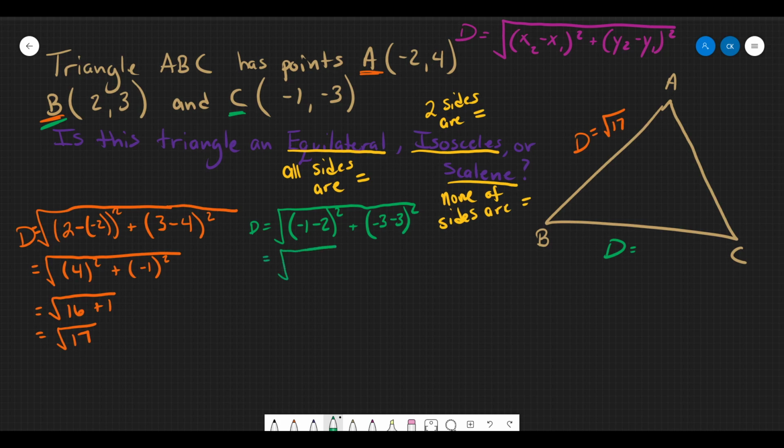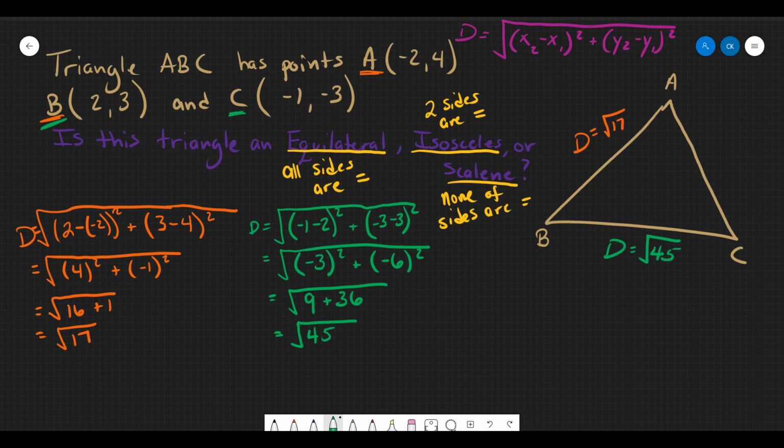I now go and simplify this. Negative 1 minus 2, that's going to be negative 3. Negative 3 minus 3, that's going to be negative 6. Negative 3 squared is a positive 9. Negative 6 squared is a positive 36. So 9 plus 36 is going to be 45. So the distance of side BC is going to be the square root of 45.